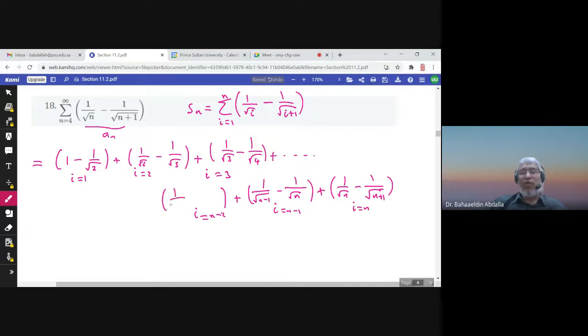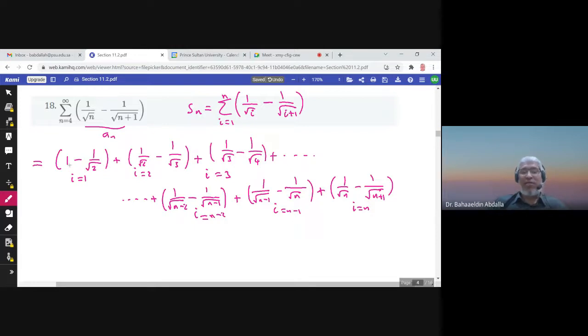So I will have 1 over square root of n minus 2 minus square root of n minus 2 plus 1, n minus 1, plus plus plus. Notice that 1 is not cancelled.